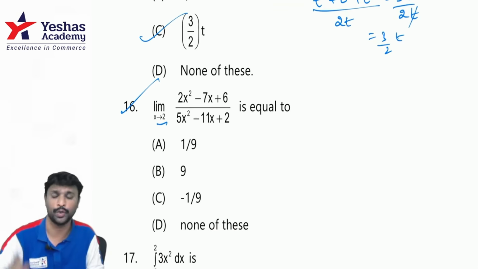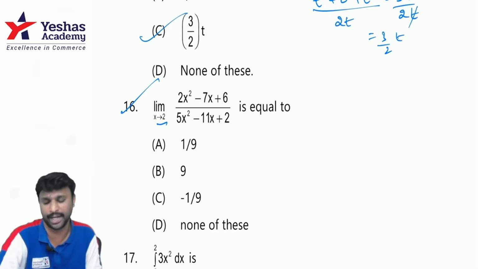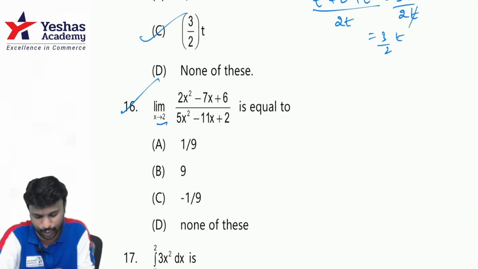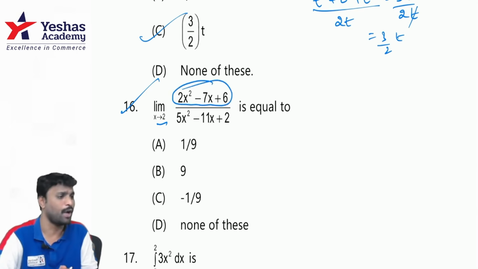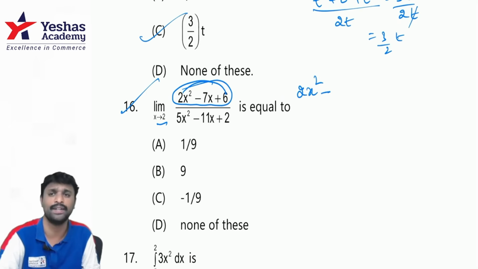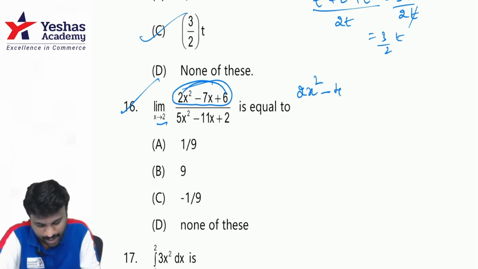Guys, x tends to 2. If you substitute x value as 2 straight away, you will definitely get 0 by 0. To avoid this, what we need to do is factorize this. How do we factorize this? 2 into 6 is 12. So minus 7 can be written in terms of 12 as minus 4 minus 3, minus 4x minus 3x plus 6. And how about this one?